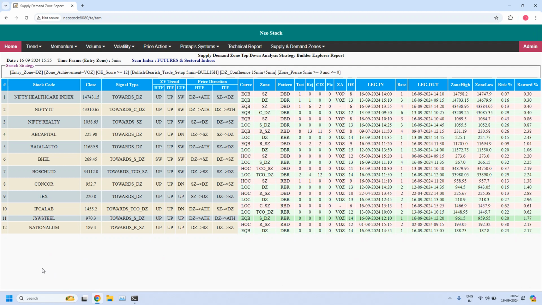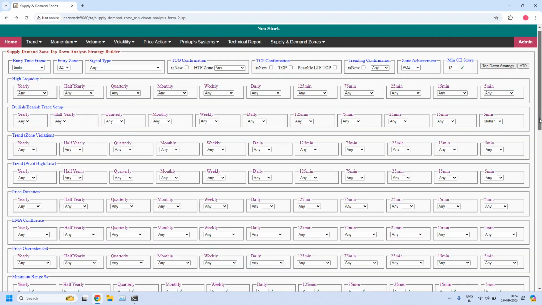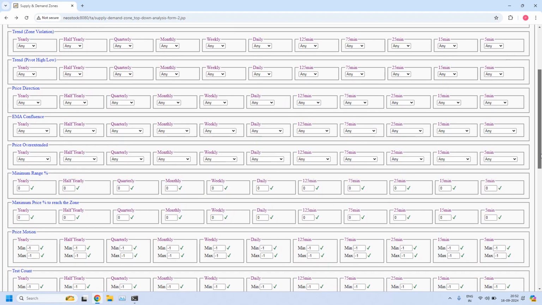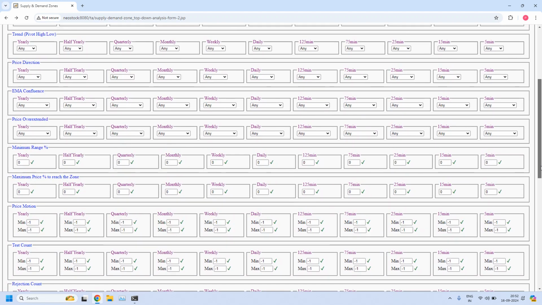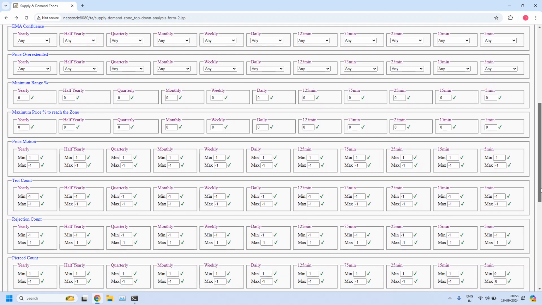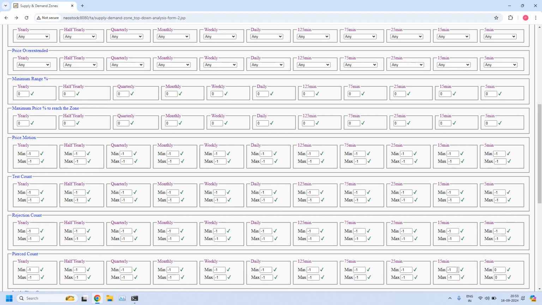But the point is the 15 minute zone also should not be pierced. Then only it makes sense. So that's why in the pierced count, even for 15 minutes, minimum value I am setting 0, maximum value I am setting 0.